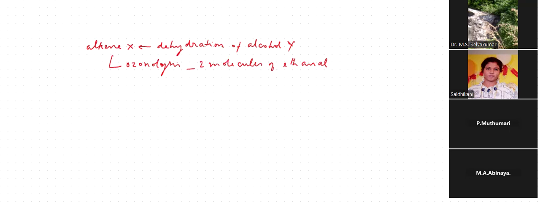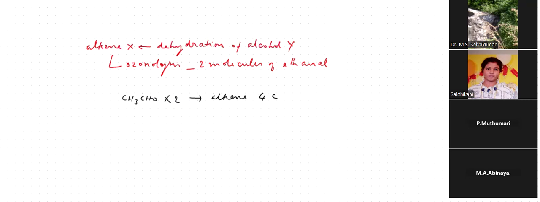Similarly, number 1, it is an alkene. It is formed by dehydration of alcohol Y. On ozonolysis, it gives 2 molecules of ethanal. Now look here, what is ethanal? Ethanal is CH3CHO. So it is giving 2 molecules of ethanal, which means certainly it is going to be an alkene with 4 carbons.